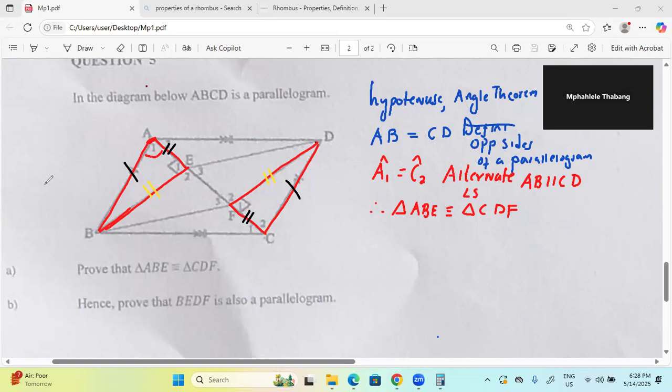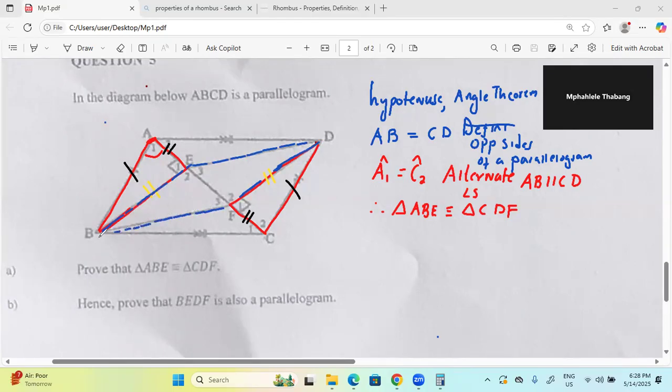Okay, now let's go to the last question, which says prove that BEDF is a parallelogram. So let us look at the shape BEDF. BEDF is this shape. So they are saying we must prove that it is a parallelogram.